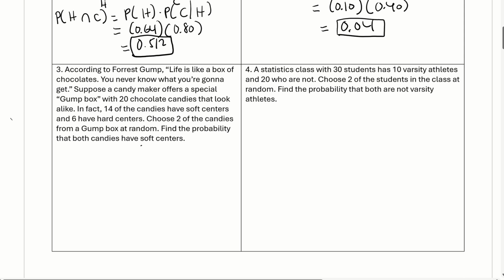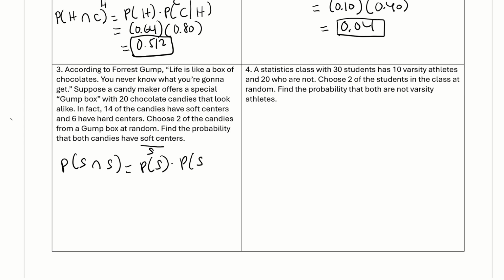Okay, so here we want both have soft, so we'll say S. So the probability of soft and soft is the probability of soft for the first one times the probability of soft for the second one, given that the first one was soft. So the probability that the first one is soft is 14 out of 20, right? There's 14 that have soft centers.